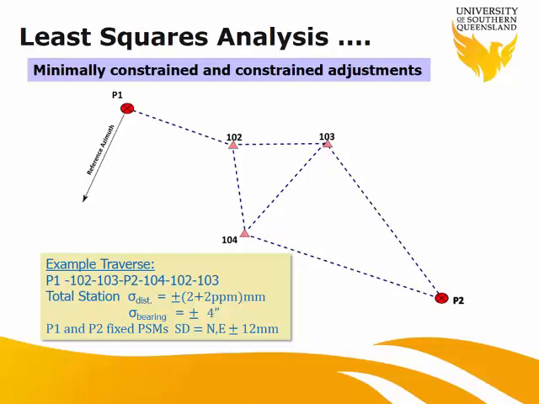Then we have the traverse running from P1 to 102, then from 102 to 103, then from 103 to P2, and then I'm coming back to 104, 102, and 103.